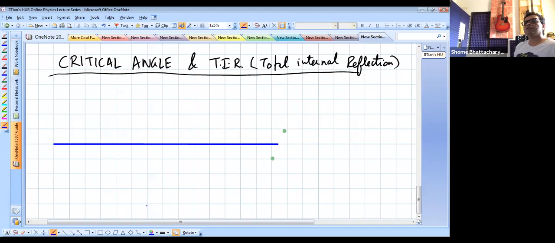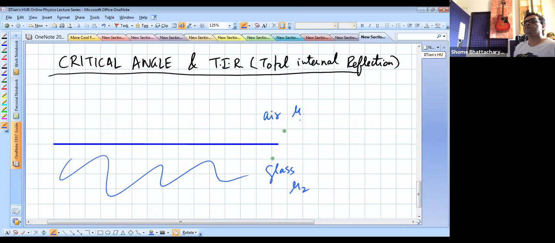Just for example, suppose you have some medium like glass, outside there is air. So let's say this is mu2 and this is mu1. Now if we have an incidence at a point like this, where this is the normal.